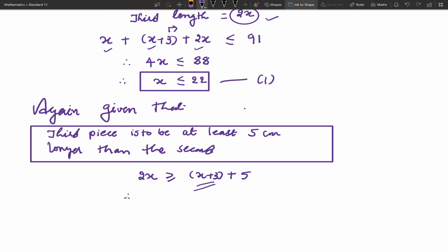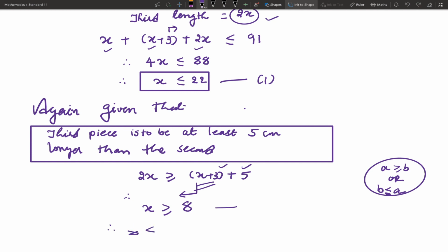Now solving this inequality, transfer: 2x minus x, that is x, is greater than or equal to 5 plus 3, that is 8. Again you note that a greater than or equal to b is the same as b less than or equal to a. So this can be written as 8 less than or equal to x. Say this is result number 2.